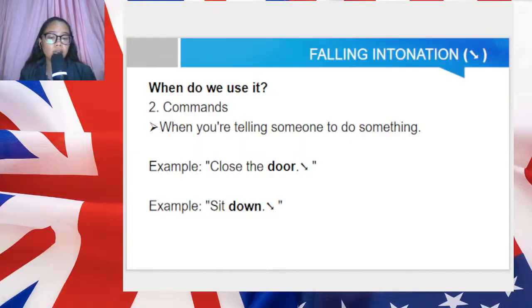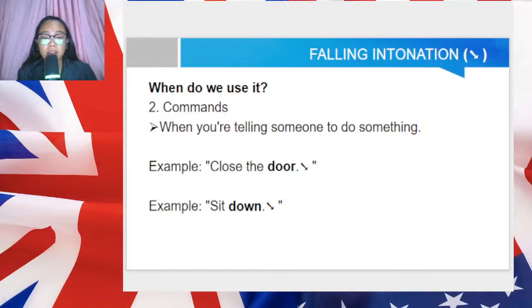Falling intonation is predominantly used when you are telling someone to do something, like giving instructions or making direct requests. The falling tone conveys authority, directness, and a sense of finality to your instruction. It leaves little room for ambiguity or misunderstanding.